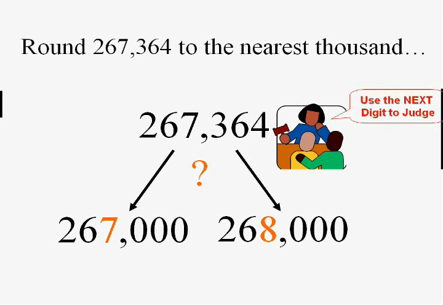We use the next digit to decide. Now 3 is halfway, well, it's not quite halfway, so we're going to stay the same. We never go down. So the answer, rounded to the nearest 1,000, is 267,000.